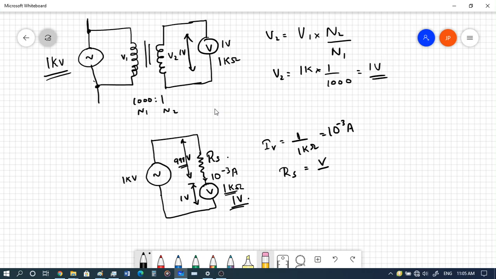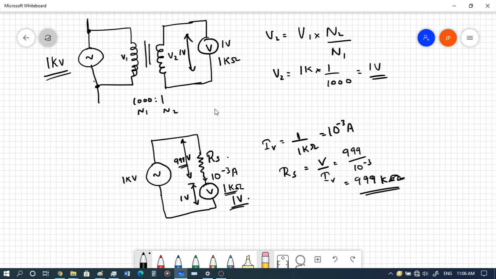So the resistance would be V by the same current, and therefore that is 999 divided by 10 to the power minus 3, which makes it 999 kilo ohms, right? So you'll have to connect a 999K resistor in series with this voltmeter in order to measure this voltage, in order to extend the range.